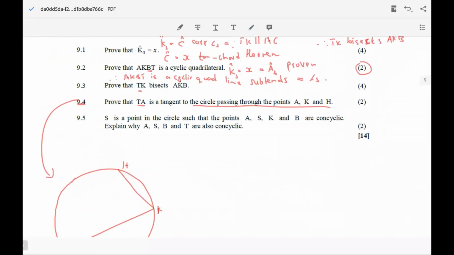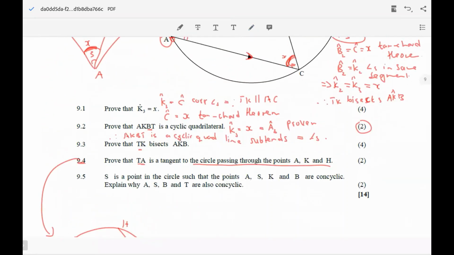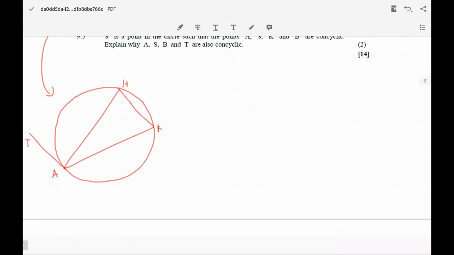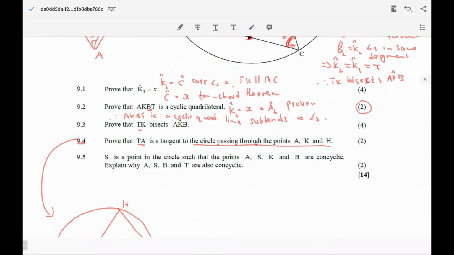So which one is a tangent? It is TA. So where is TA? TA is here, and that's point T. And that means I have to complete chord AH and chord KH. So which angle at A are we really focusing on?